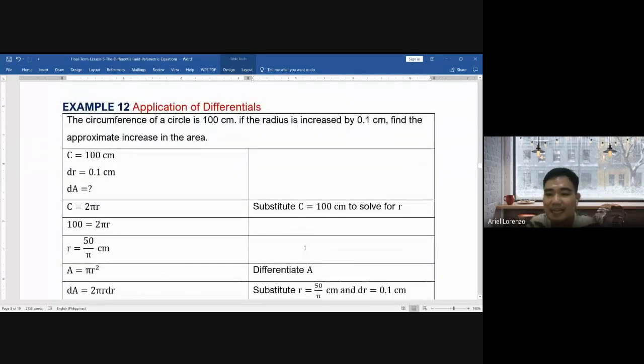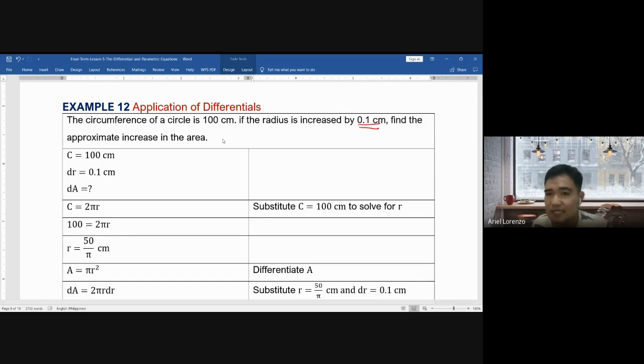Okay. Ito naman, class. Another application of the differential. The circumference of a circle is 100 centimeters. If the radius is increased by 0.1, ibig sabihin, class, ang pag minimal lang ang increase, parang anong dating nito? Parang related rates. Okay? Pero hindi to in terms of time, ganun, no? The circumference of a circle is 100 centimeters.